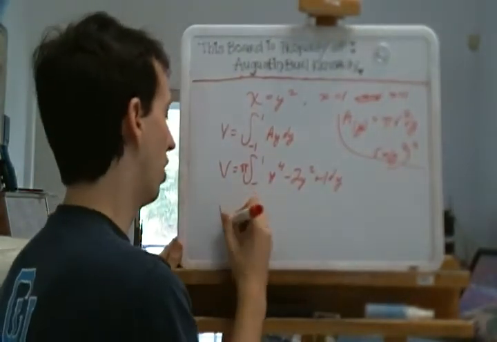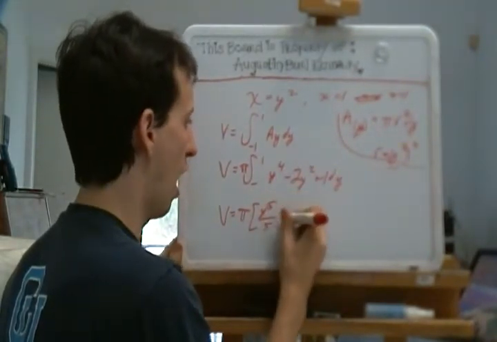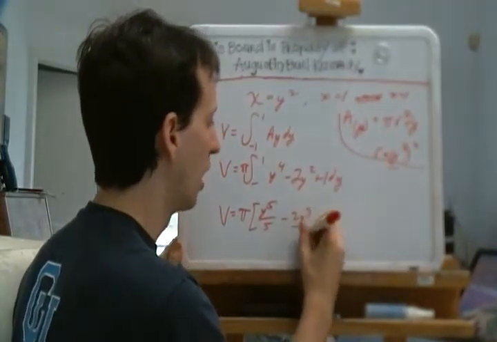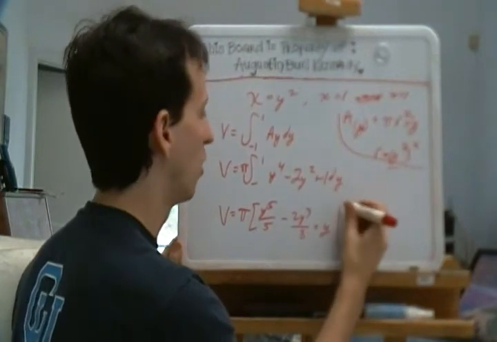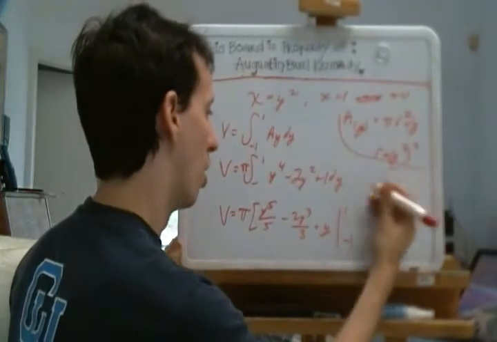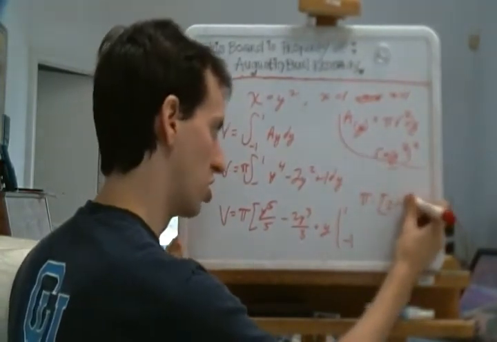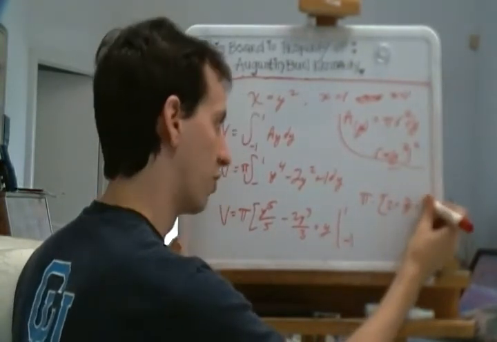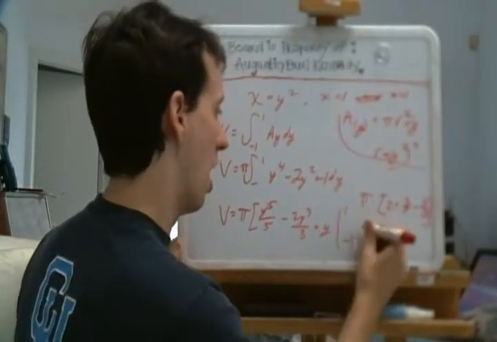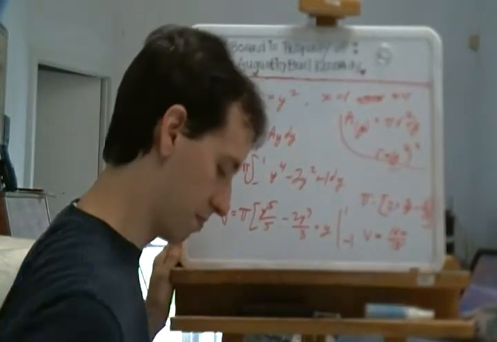And we can integrate this very easily, and we get pi times y to the 5th over 5 minus 2y cubed over 3 plus y evaluated between 1 and negative 1. And when we plug these in, using the fundamental theorem of calculus, we get pi times 2 plus 2/5 minus 4/3. And therefore V equals 16 pi over 15.